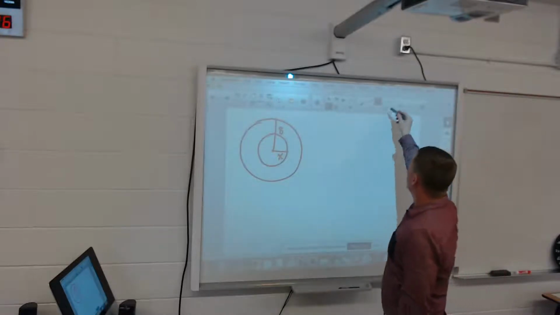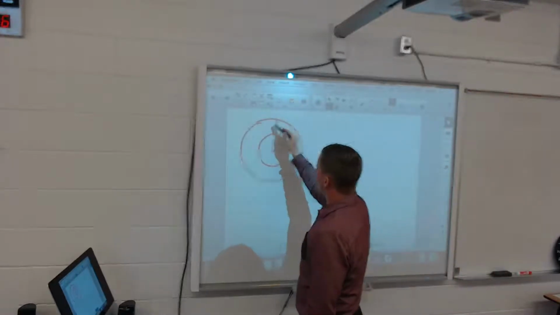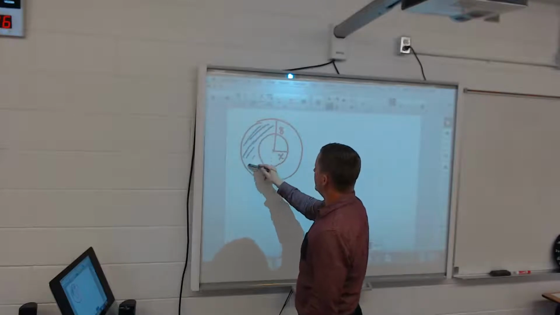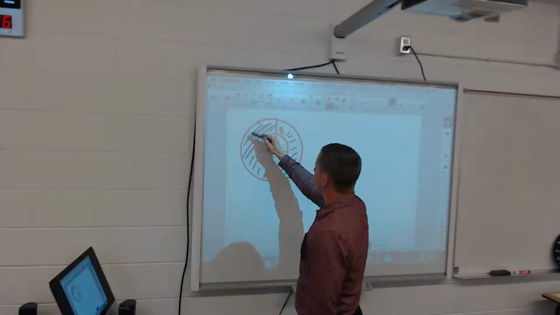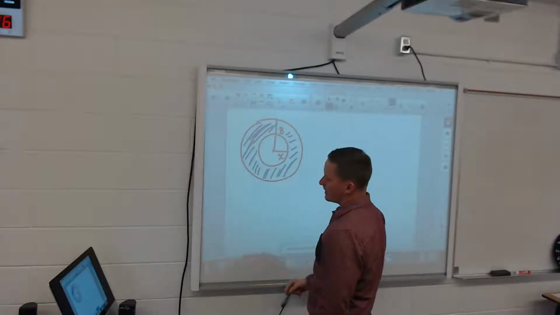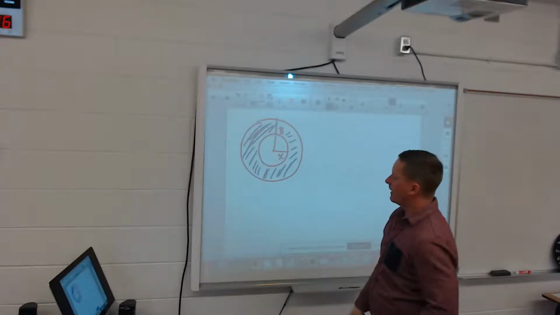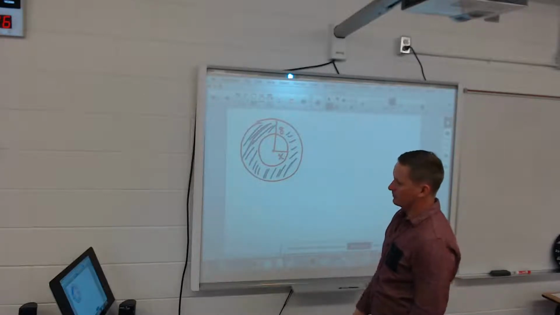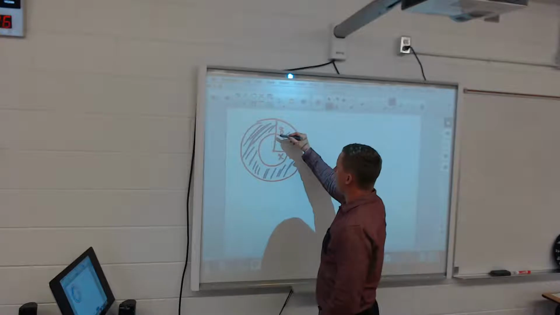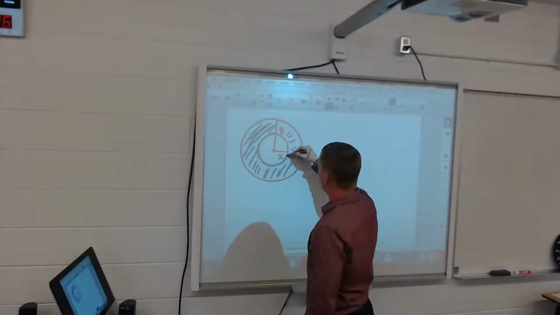Now, it says in the question that this seated area, where they want to seat, that shaded area has to have the exact same area as the middle circle, which is where the planter is.